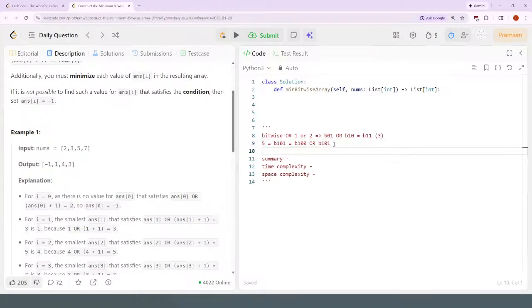All right, let's look at 7. 7 is going to be all ones. Okay, and then that means that the best or minimized value is going to be binary 011 and 100. Is that the only one? It might be that. I'm trying to think of any other odd numbers where you can use something that is not one less than this, besides something that is maybe one less than a power of 2.